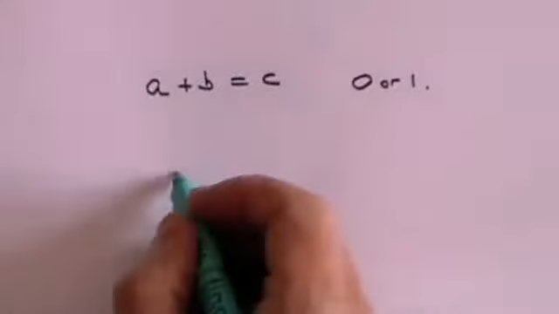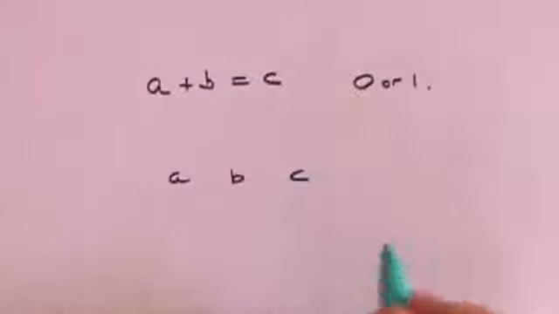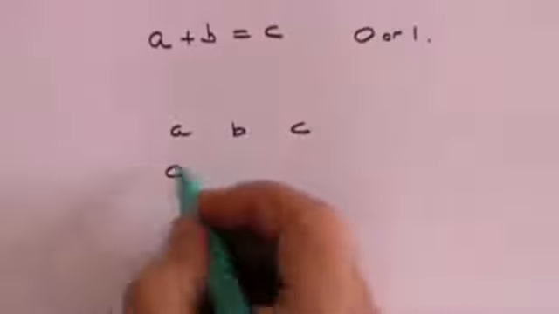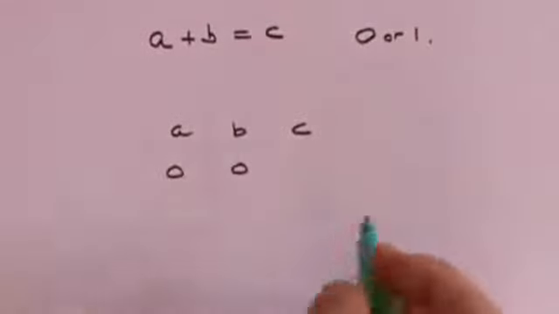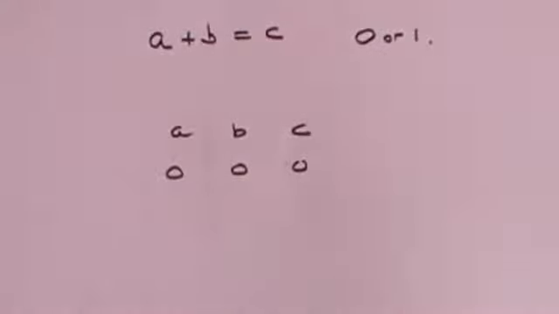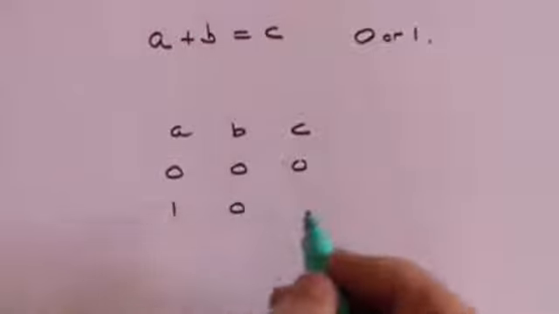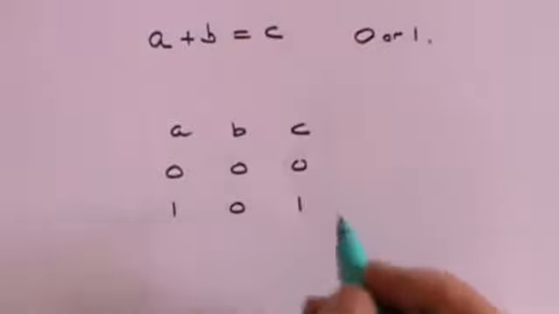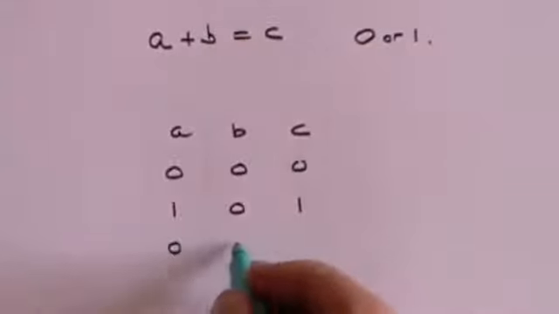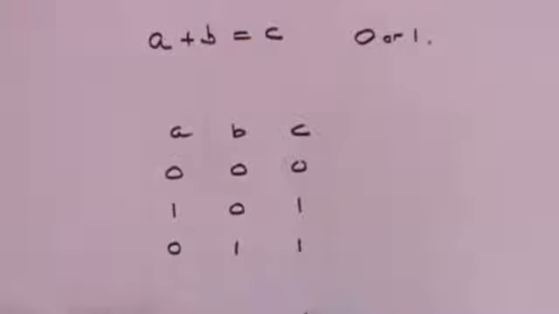And so if we put that in a simple table where we put the values of A, B and C, then we say that if A and B are both 0, then C will be 0. If A is 1 and B is 0, then C will be 1. If A is 0 and B is 1, C will be 1. And if A and B are both 1, C will be 2. And we're going to build a computer that will do that calculation for us.